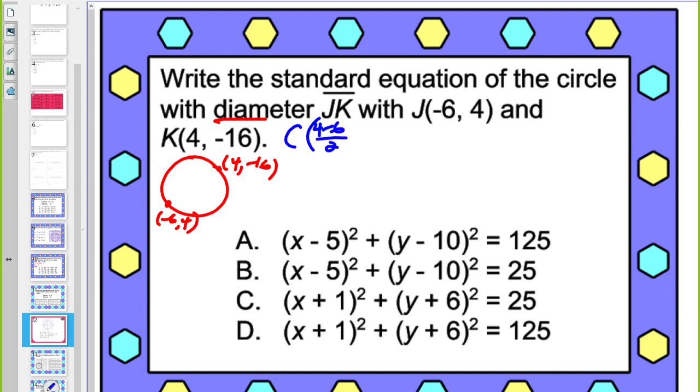Wait, you just said add and you're subtracting. Yeah, the x's are negative. So 4 minus 6 over 2, and add the y's, -16 plus 4 over 2. So my center is going to be -2 divided by 2, which is -1, and -12 divided by 2, which is -6.